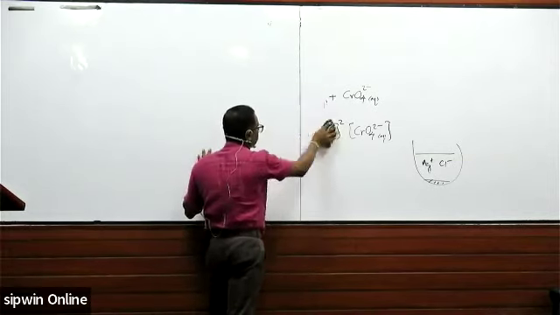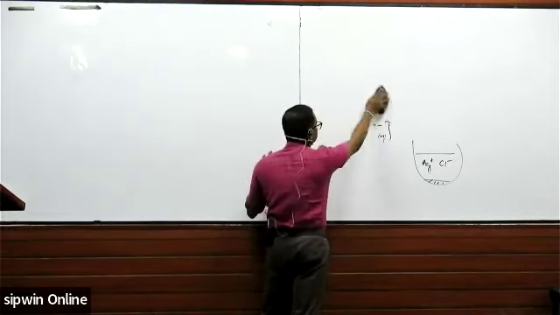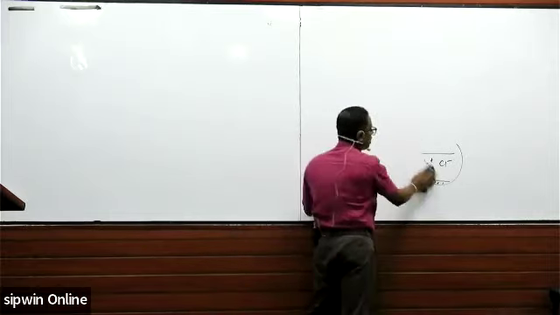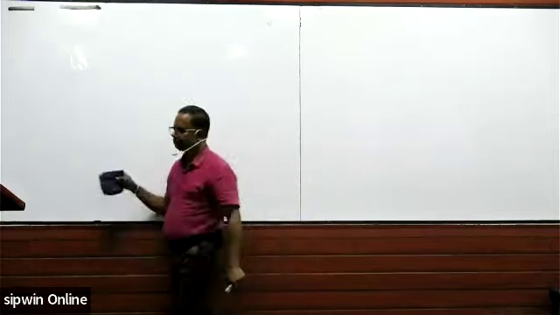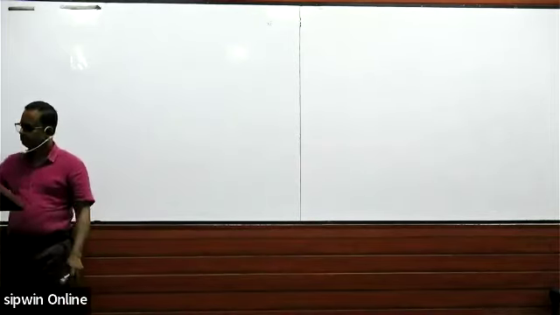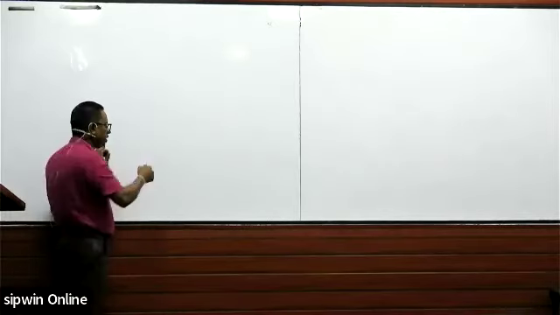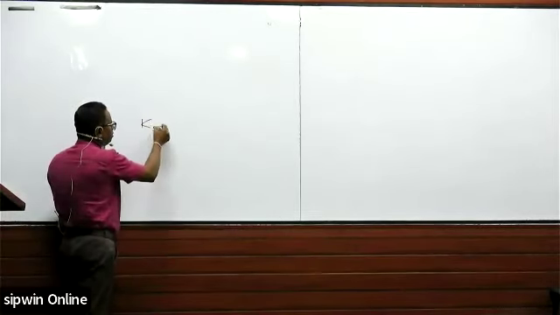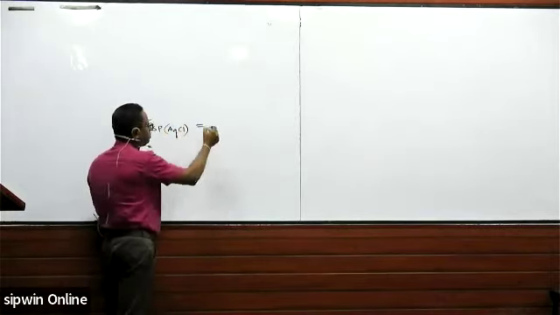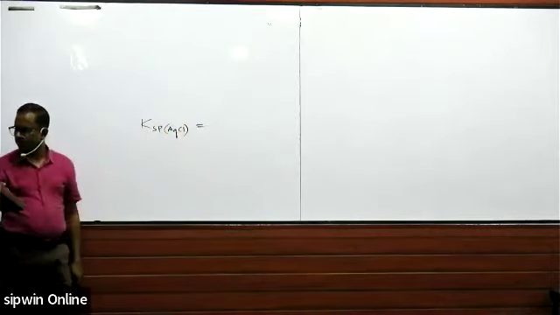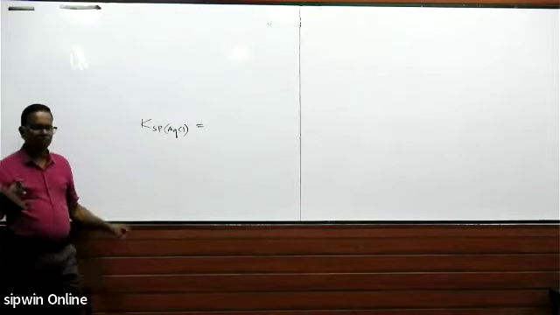At 25 degrees Celsius, write an example. At 25 degrees Celsius, KSP of silver chloride is 1.2 × 10 to the power minus 10.